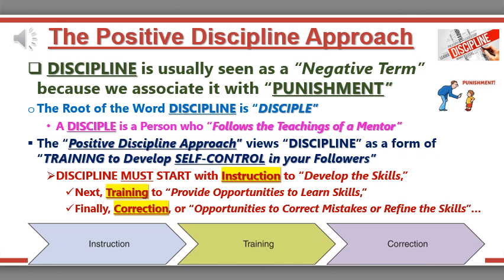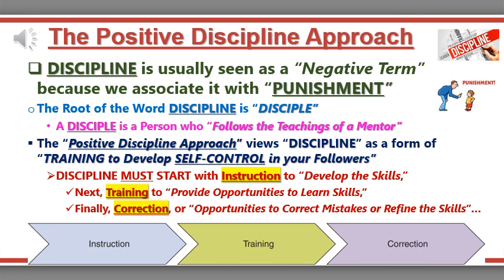It is disciple. And not to get real religious, but if we go back to any of our religious knowledge or learning, a disciple is a person who follows the teaching of a mentor. So disciple, discipline, that doesn't go with punishment. That goes more with learning from somebody.